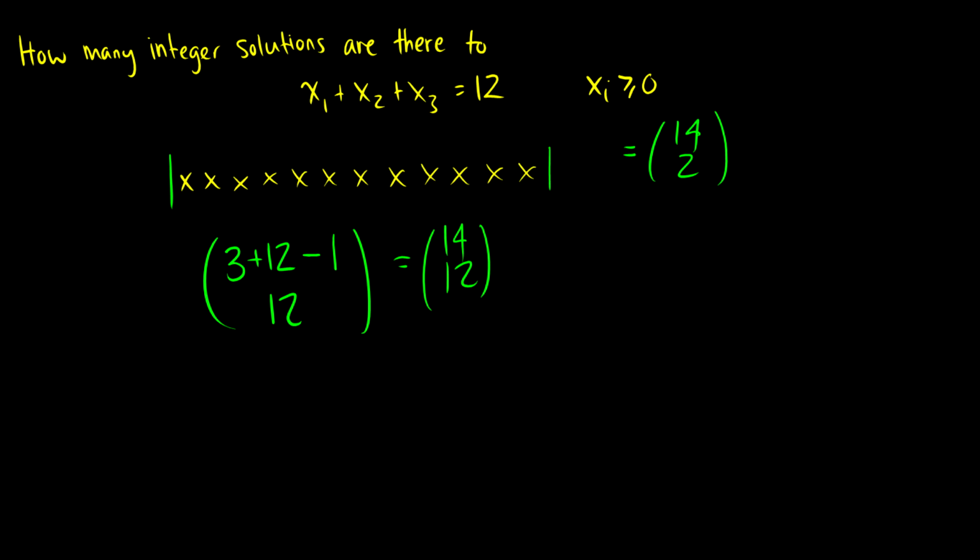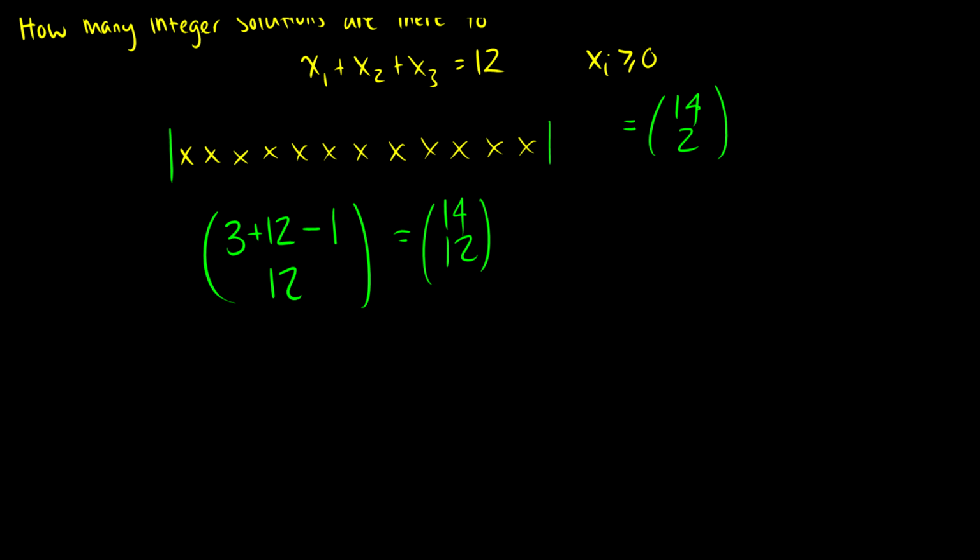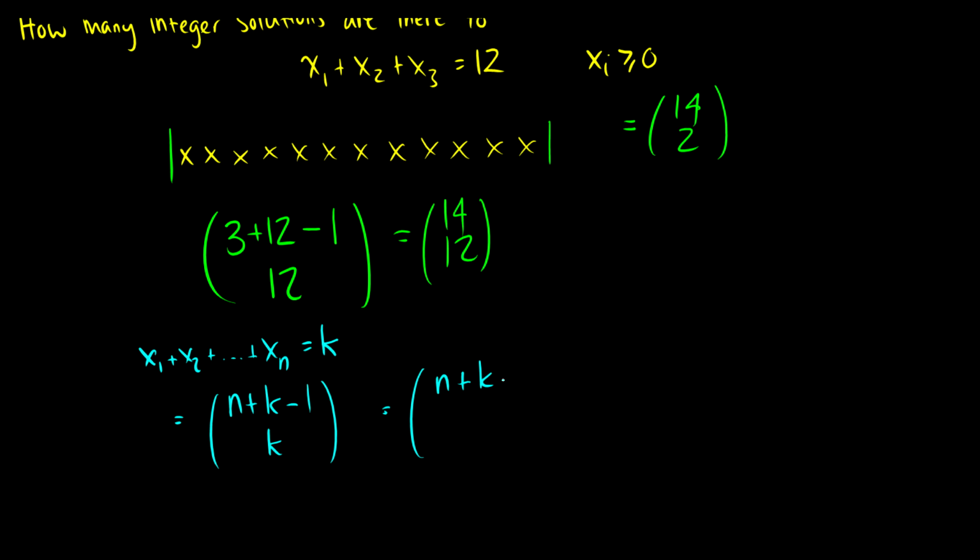And I'll give you a general formula for this because it's very important to have the general formula if you don't understand the ideology behind it. And that is if we have x1 plus x2 plus all the way to xn, and we choose k objects, then this is equal to n plus k minus 1 choose k, which is the same thing as n plus k minus 1 choose n minus 1.